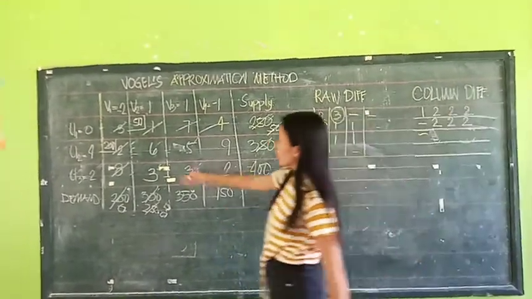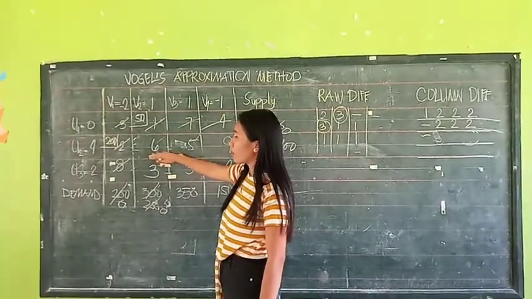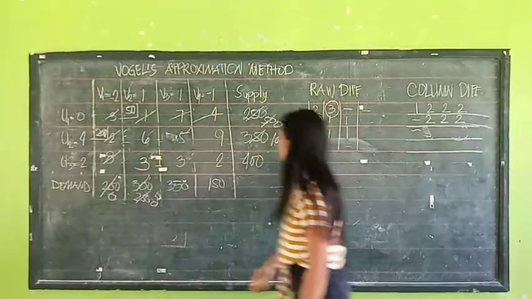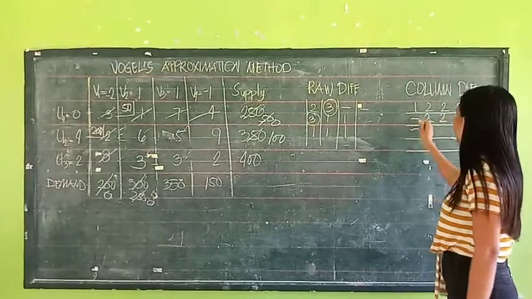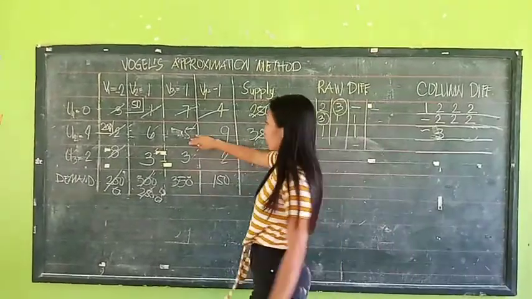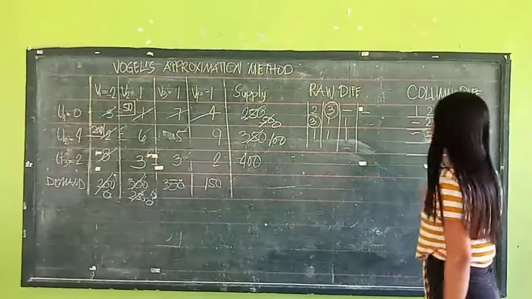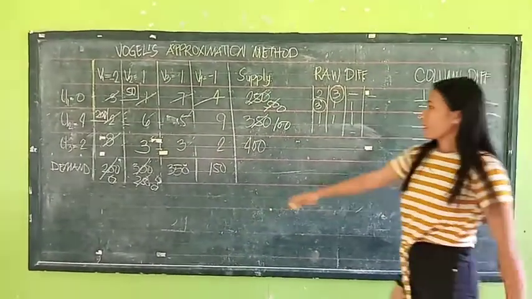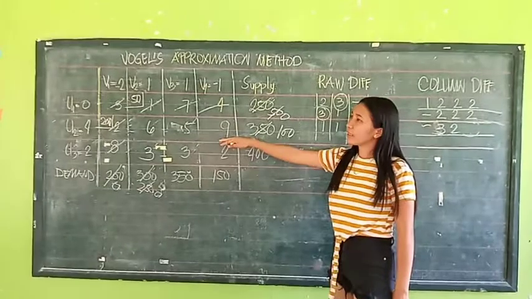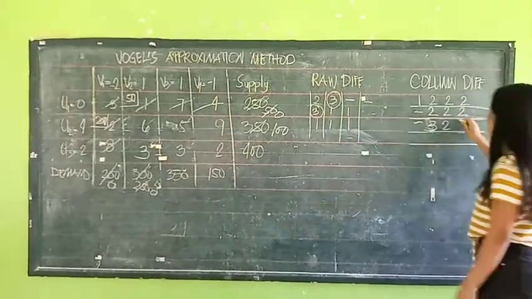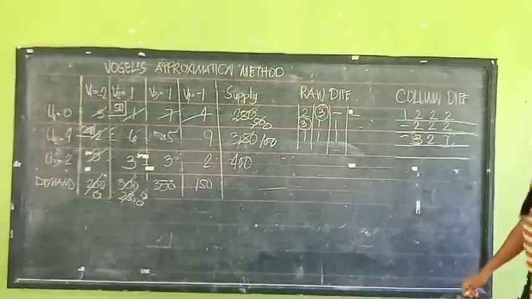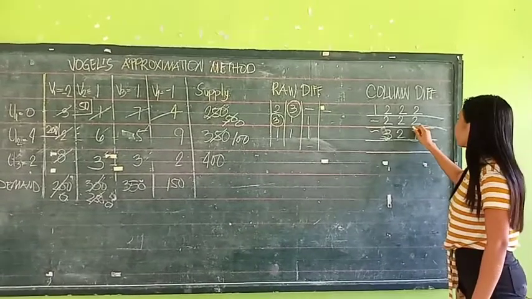The column difference of 3 and 6 is 3. Copy the 3. The column difference of 5 and 3 is 2. And the difference of 9 and 2 is 7. So 7 will be our maximum value.